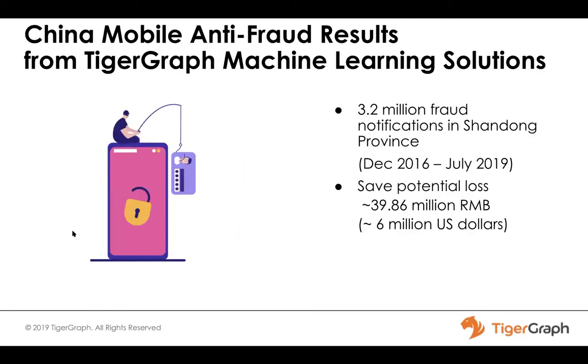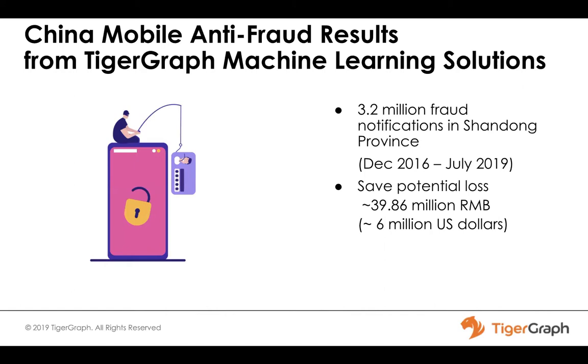All right, I want to talk about the benefits that our customer received from this use case. At China Mobile in Shandong province, in the 2-3 years that it's been in production, we detected 3.2 million fraud notifications for this province alone.